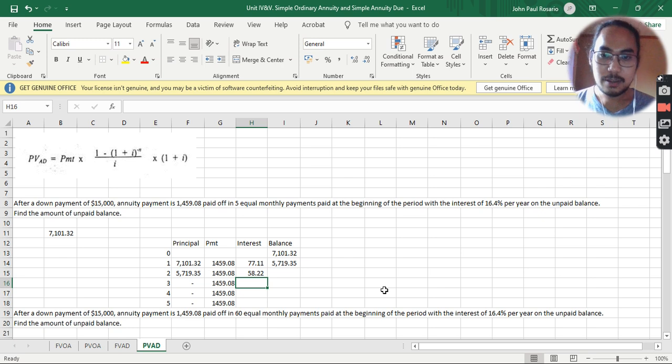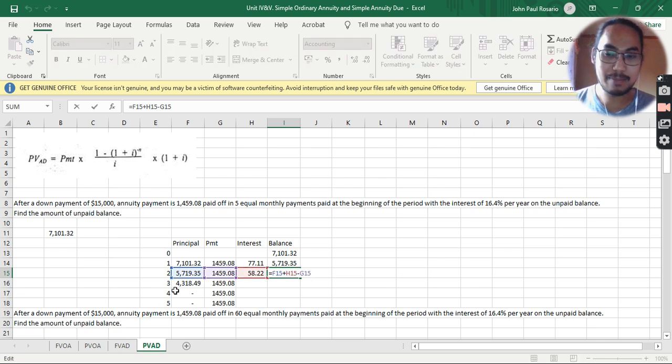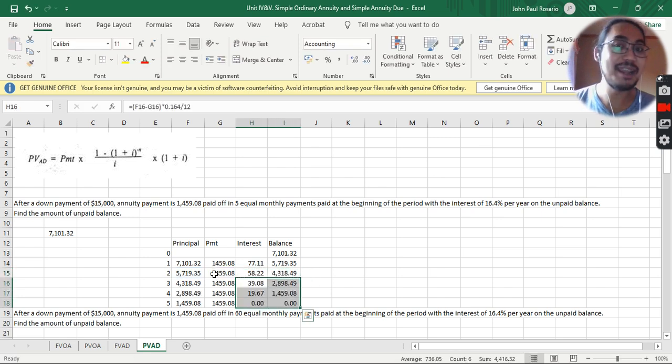And then your balance would be your balance at beginning plus the interest minus your payment for the period. So if we continue that, our liability will become zero at the end.